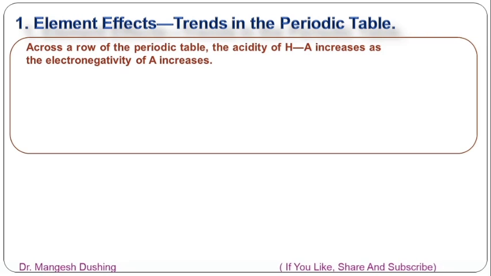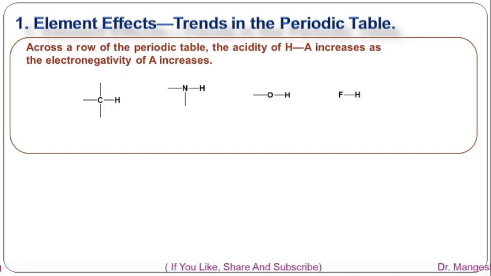Across a row of the periodic table, the acidity of HA increases as the electronegativity of A minus, that is the conjugate base, increases. So in a row, for example, these are the compounds with a CH bond, NH bond, OH bond, HF bond.